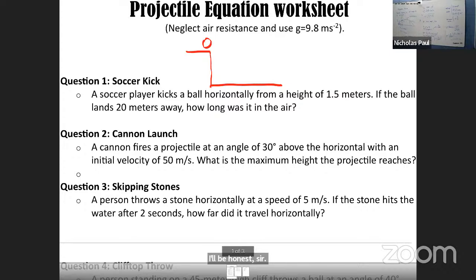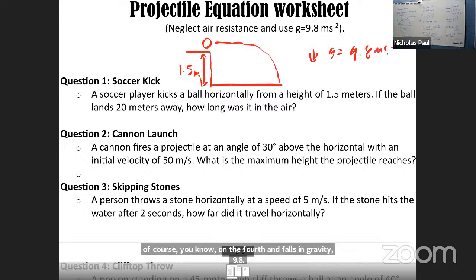See here, take it horizontally. The height here is the vertical height. Of course, we know as it falls with gravity, 9.8, it will follow a path looking like that.